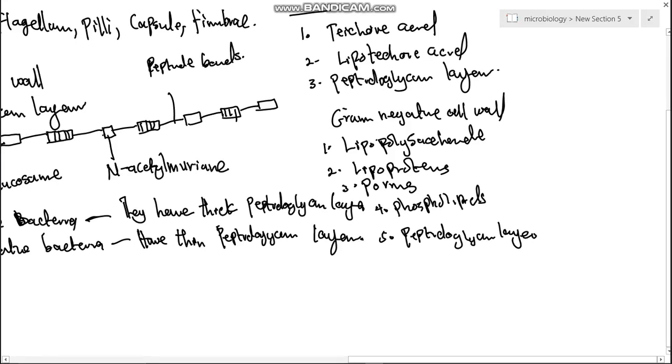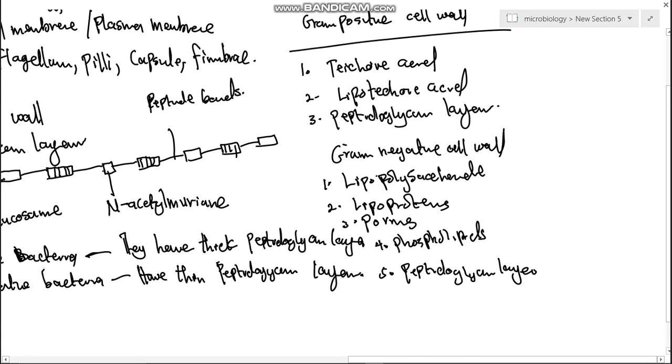Now if you look at these two bacteria, you realize that the gram-negative cell wall is a little bit more complex than the gram-positive. For the gram-positive, we only have teichoic acid, lipoteichoic acid, and the peptidoglycan layer. But for the gram-negative, we have lipopolysaccharide, lipoproteins, porins, phospholipids, and peptidoglycan layer. So this one is more complex than this one.